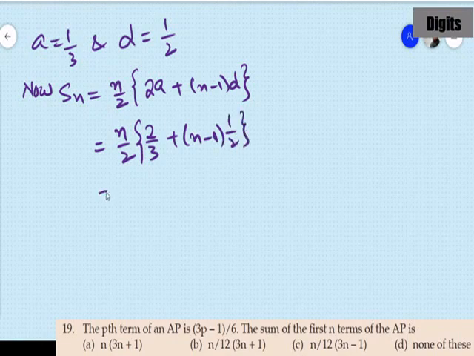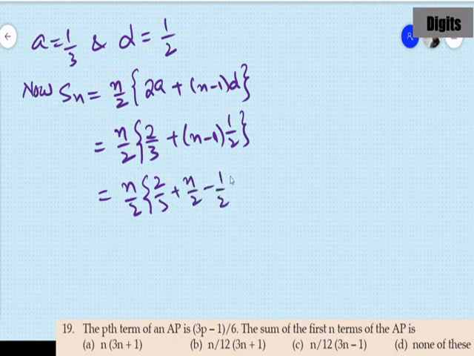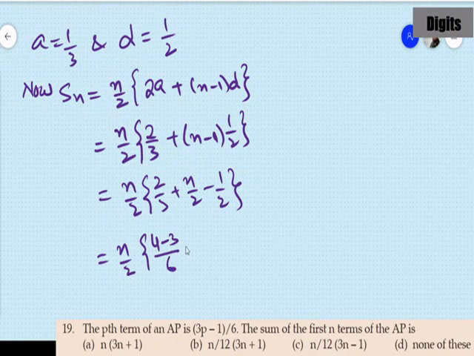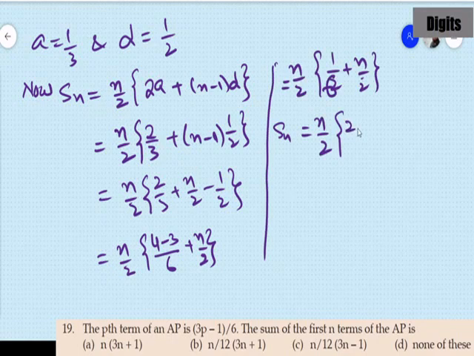N by 2, it will be further equal to 2 by 3 plus n by 2 minus 1 by 2. Again, it will be equal to 2 by 3 minus 1 by 2, which will be equal to 2 into 2 is 4 and 3 into 1 is 3 divided by 3 into 2 is 6 plus n by 2, which will further equal to n by 2 into 6n divided by 12.